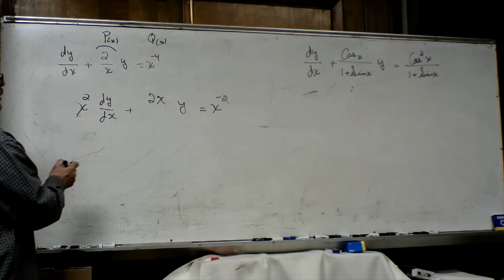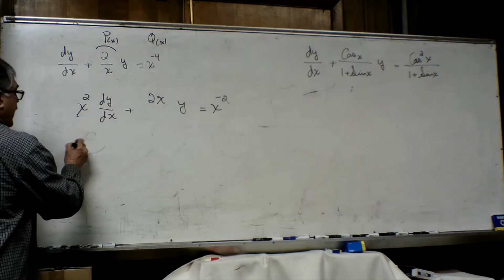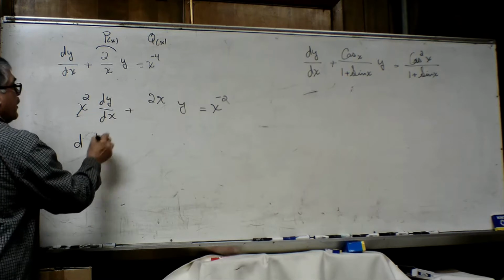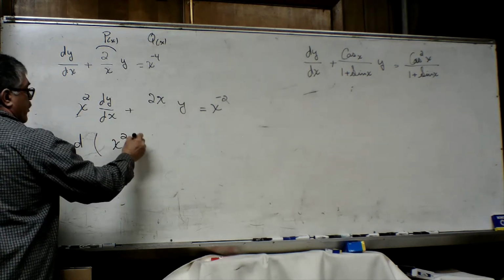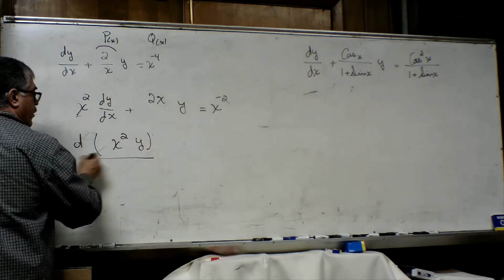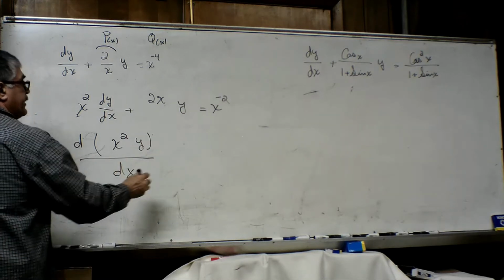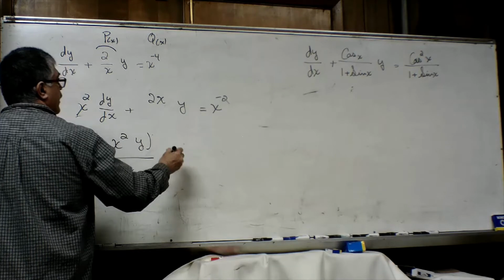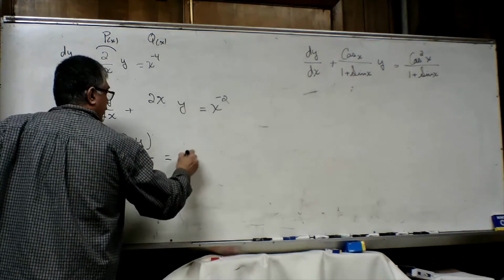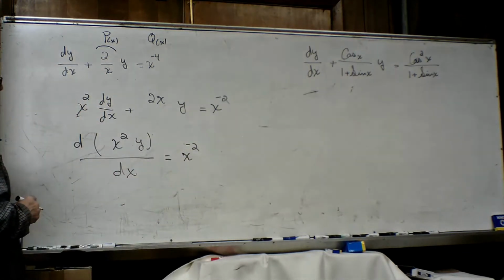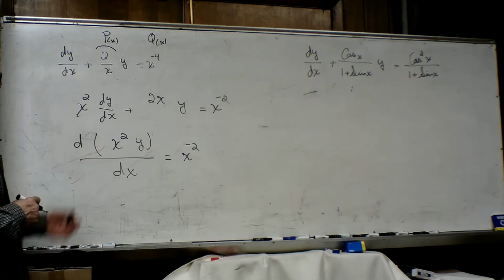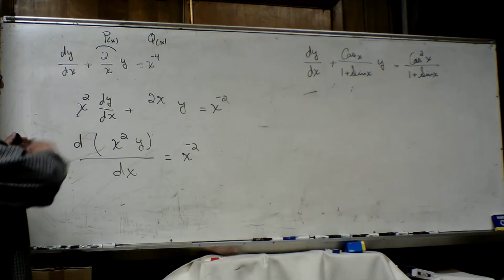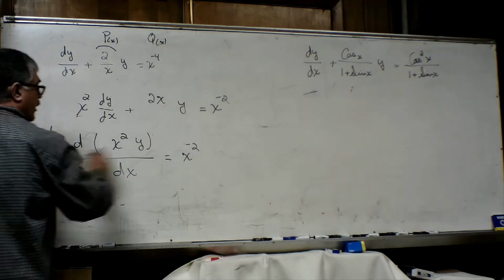Then the second step, we rewrite it as d(x squared y) over dx equal to x to the power minus 2. Now, this was the second step. The third step, we take the integration of both sides.